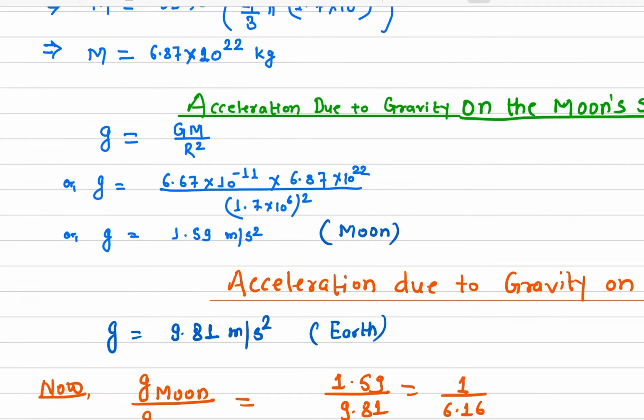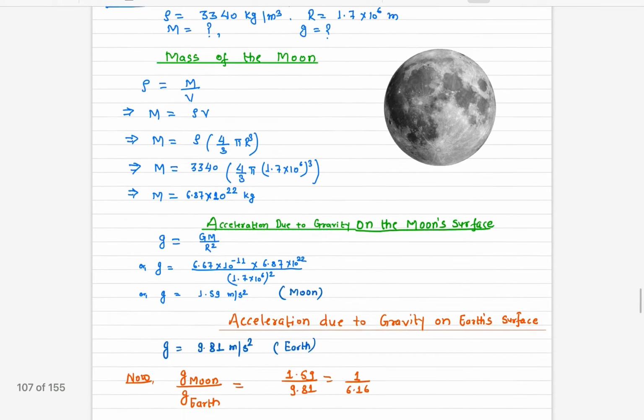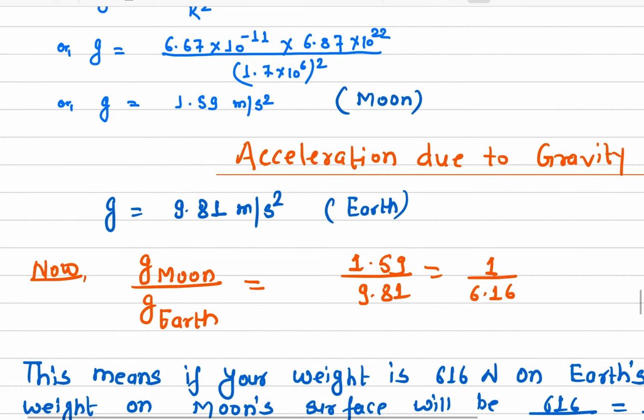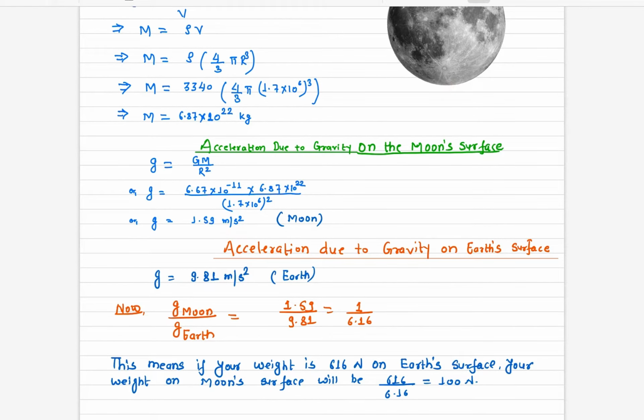R is the radius, which is already given here, 1.7 times 10 to the 6. Once we plug in all the values, we get 1.59 meters per second squared. That's the acceleration due to gravity on the moon surface here.